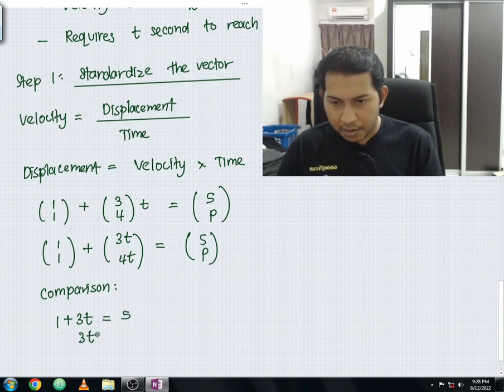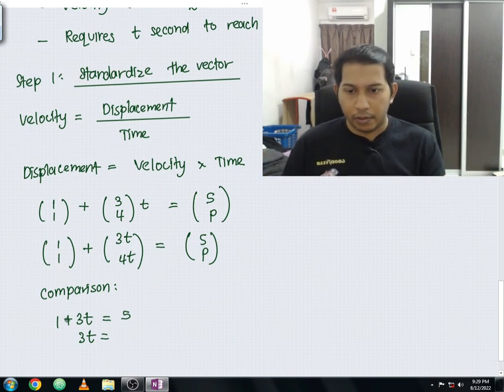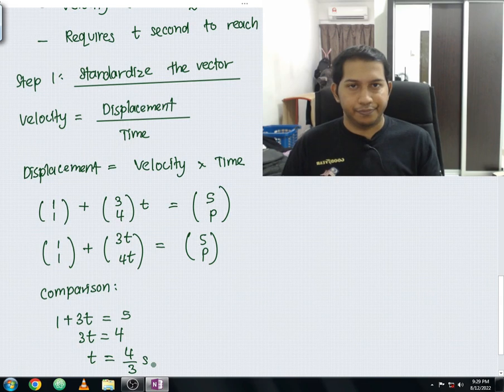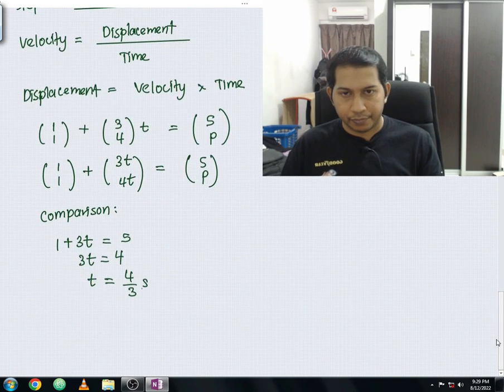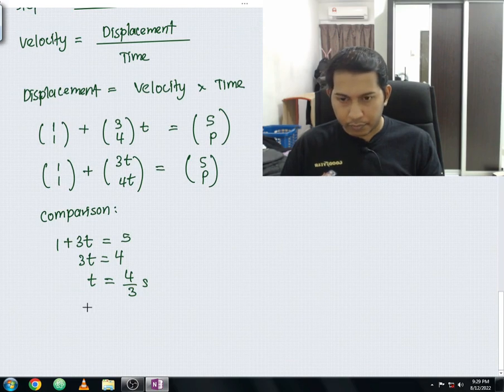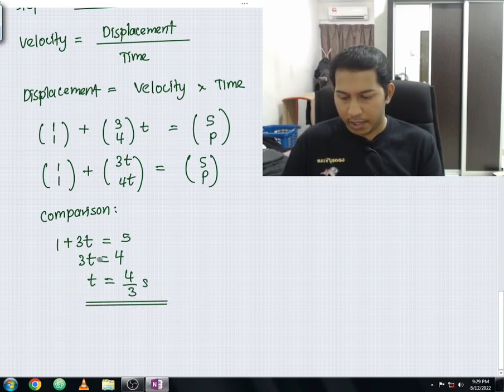So 3t is equal to 5 minus 1, the 1 from the left hand side you move over to the right hand side. So 3t is equal to 4. So you get your time t is equal to 4 over 3 seconds. So you already get your value t over here.